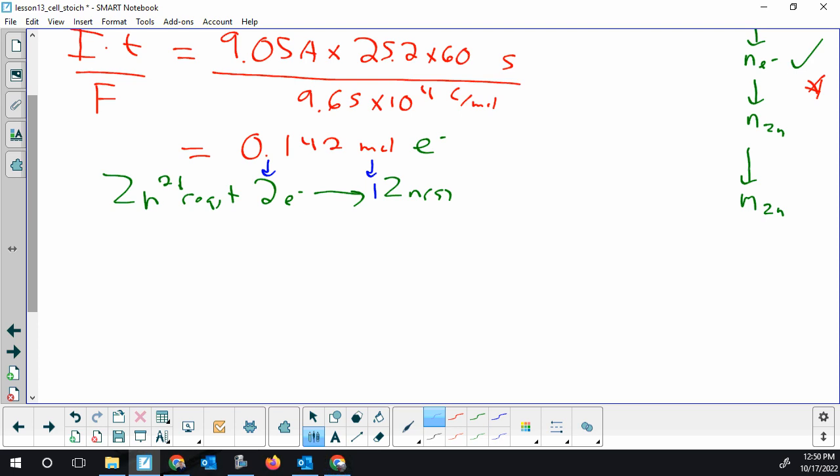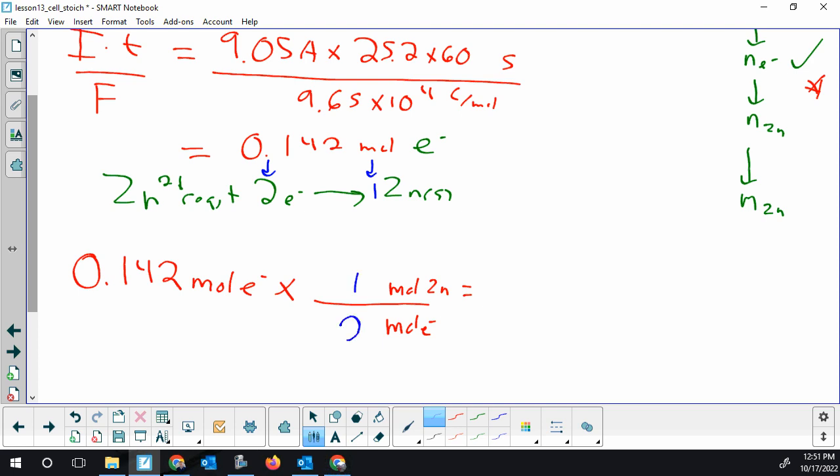So we have 0.142 moles of electrons. Here's our stoichiometry. I want to get rid of moles of electrons, and I want moles of zinc. And our half reaction says there is 1 zinc and 2 moles of electrons required.